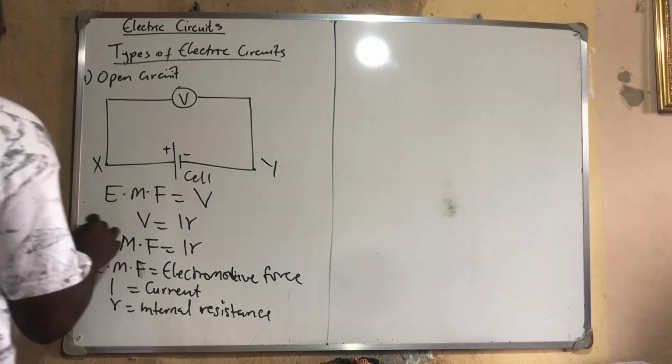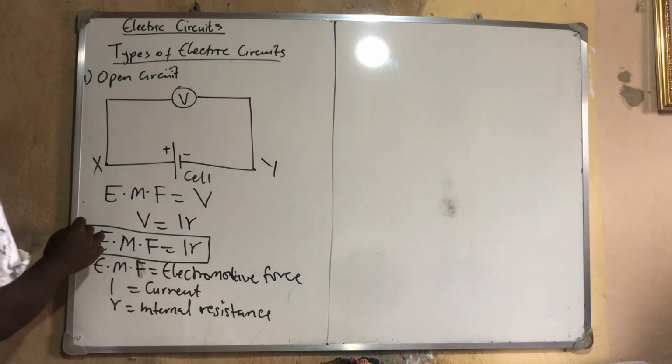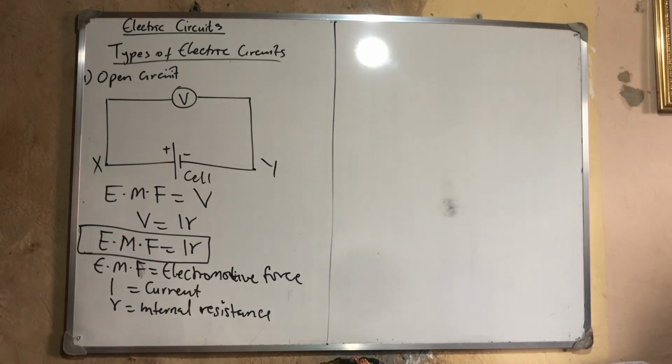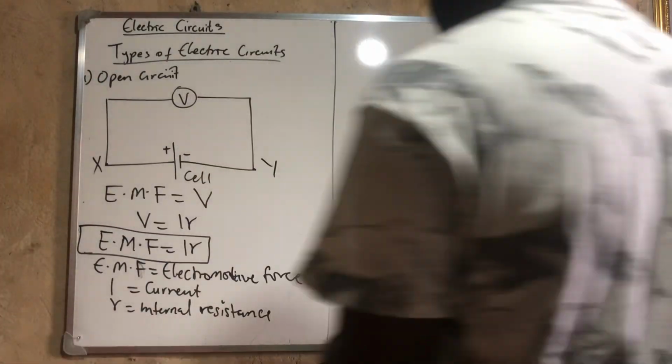So this formula is very important. For an open circuit, the EMF is equal to the potential difference, which is equal to the volt.